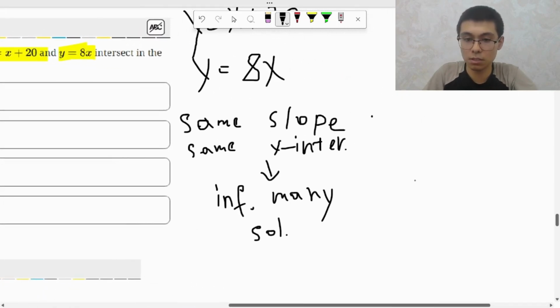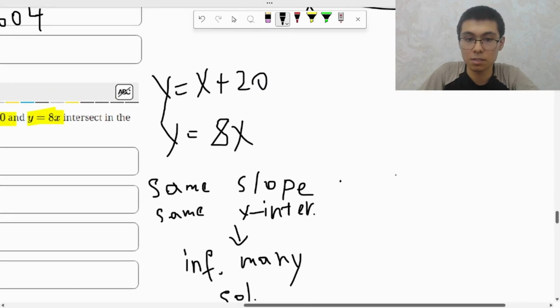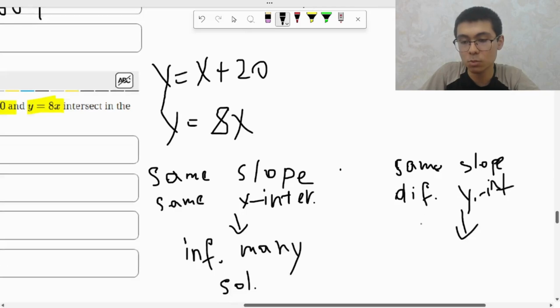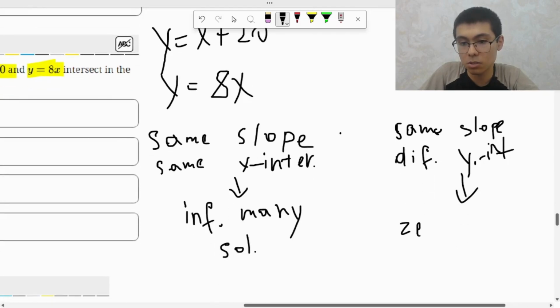What if there is the same slope, but different y-intercept? In this case, that would be 0 solutions.